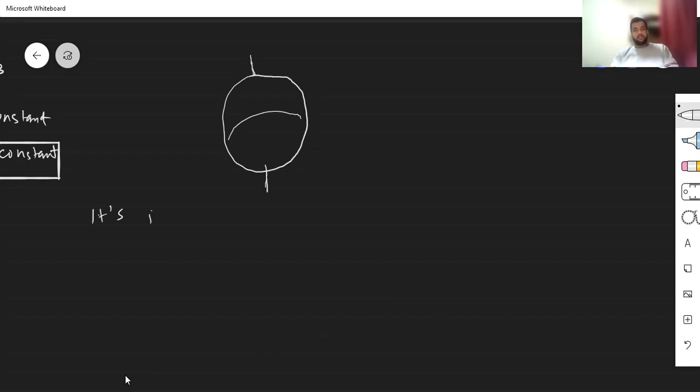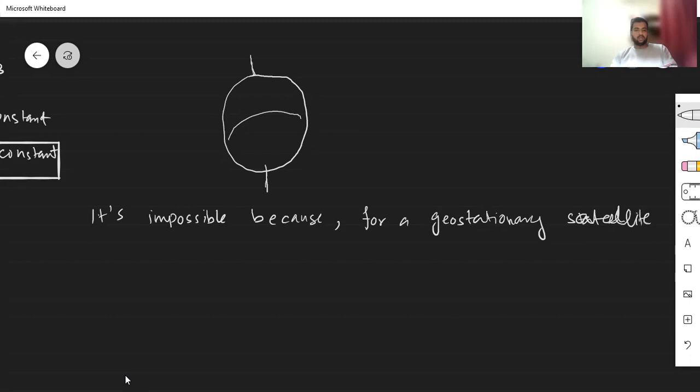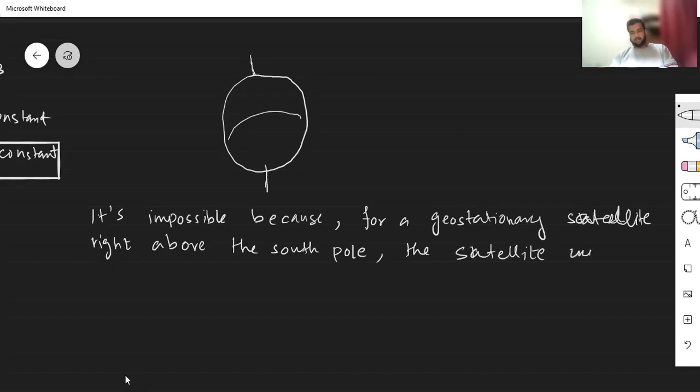It's impossible because for a geostationary satellite right above the South Pole, the satellite would have to be stationary.